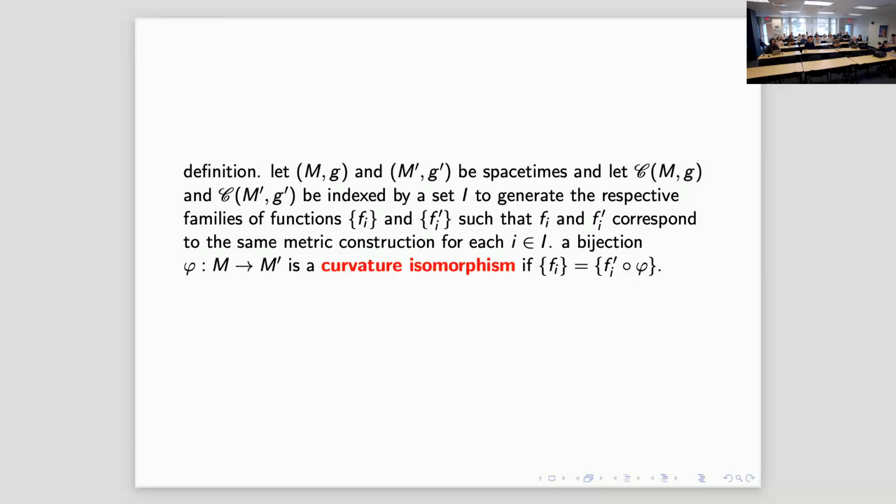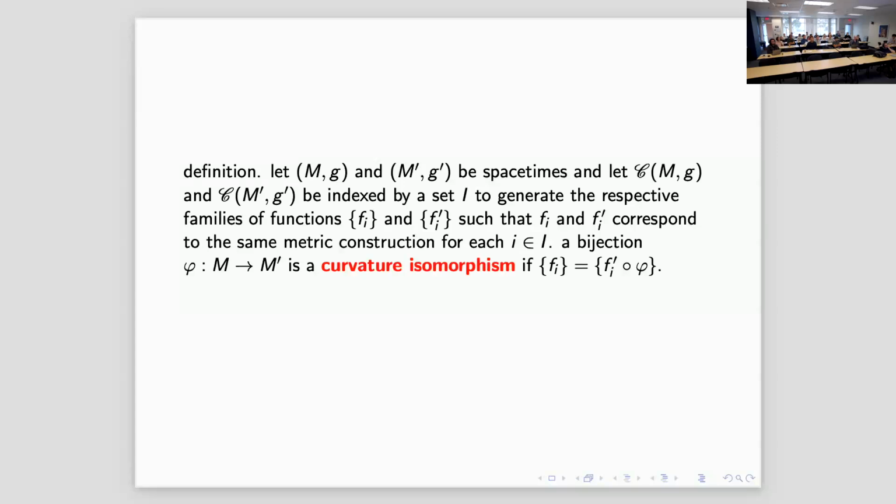And I'll do that by defining a curvature isomorphism. So let (M, g) and (M', g') be spacetimes, and let C(M, g) and C(M', g') be indexed by a set I to generate their respective families of functions f and f'. And we do this in such a way that for each little i in big I, f_i and f_i' correspond to the same metric construction.